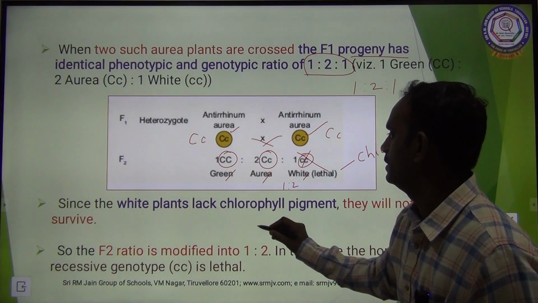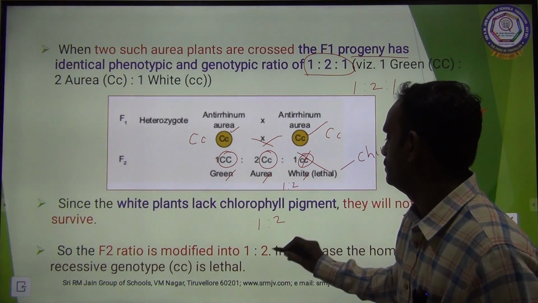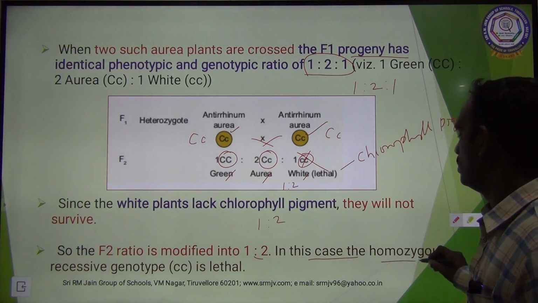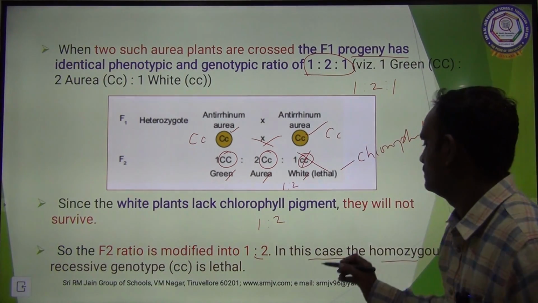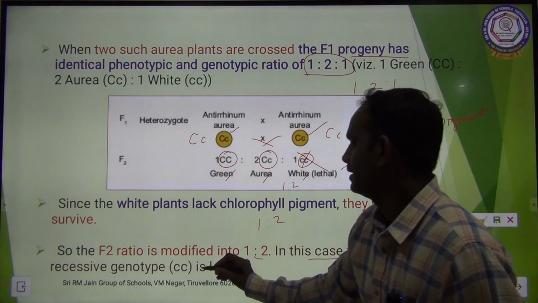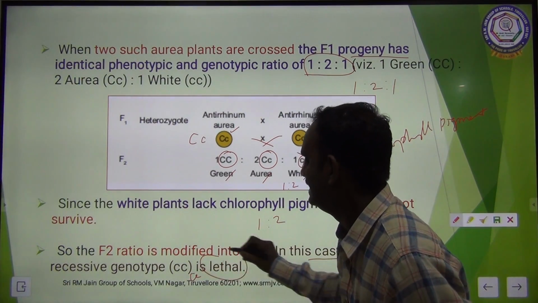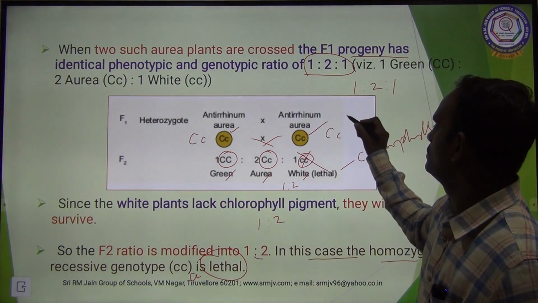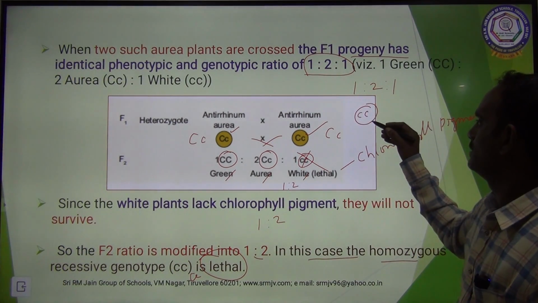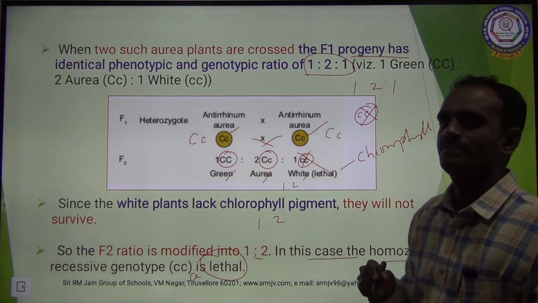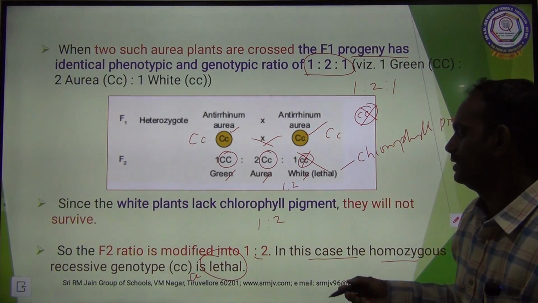Now the ratio in the F2 is 1:2. In this case, the homozygous recessive genotype, small c, small c, is lethal. See here, this is the homozygous recessive white plant, so it does not survive, so it is lethal.